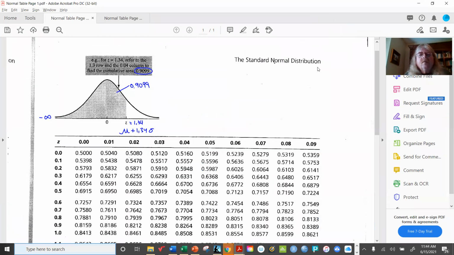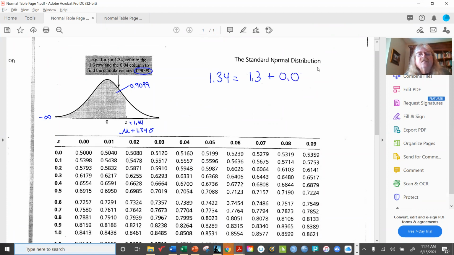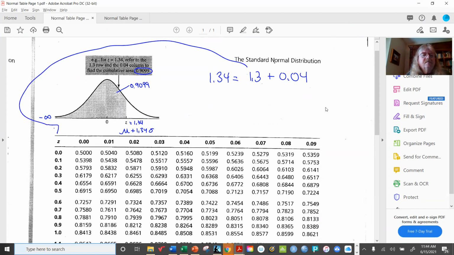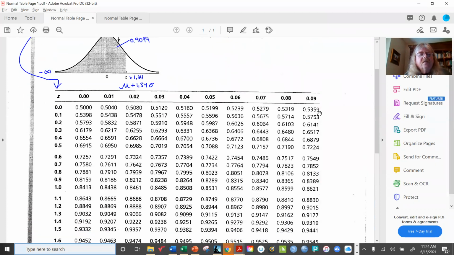1.34 can be written as 1.3 plus 0.04. So if you go into the table, this number comes from this first column. We scroll down and we find 1.3 right here. What about the rest?